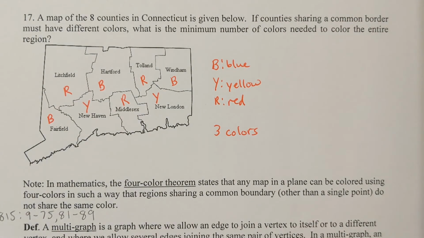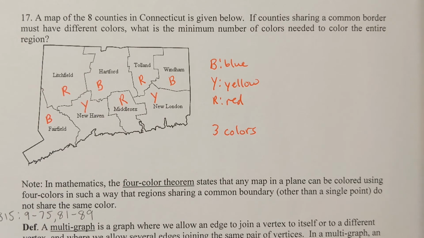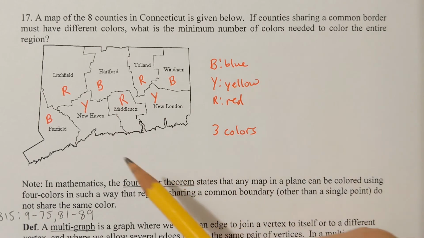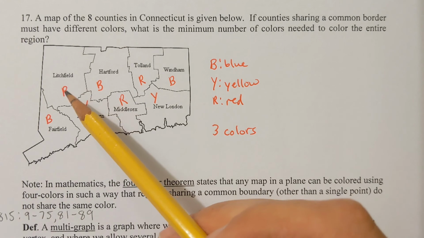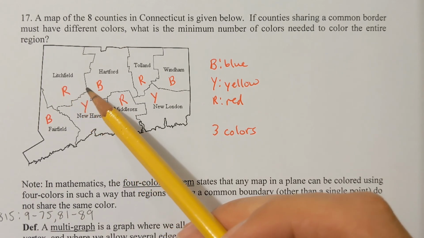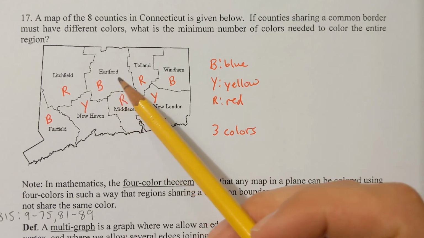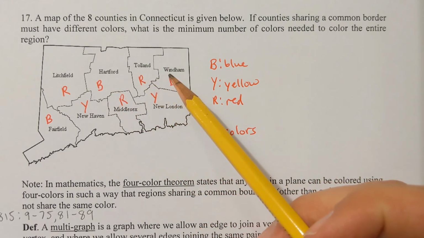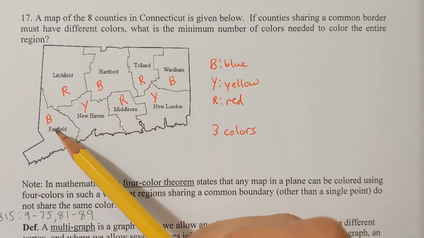Problem 17. A map of the 8 counties in Connecticut is given below. If counties sharing a common border must have different colors, what is the minimum number of colors needed to color the entire region? Well, if I start with Litchfield, I'll assign that R for red, and then blue, and then red, and then blue. Blue can be Fairfield.